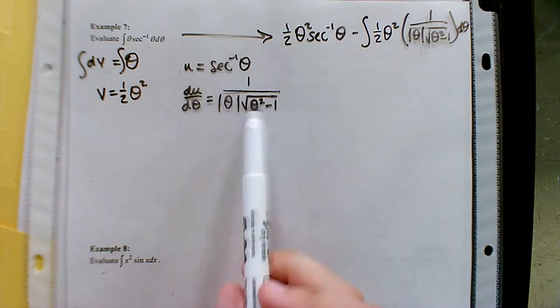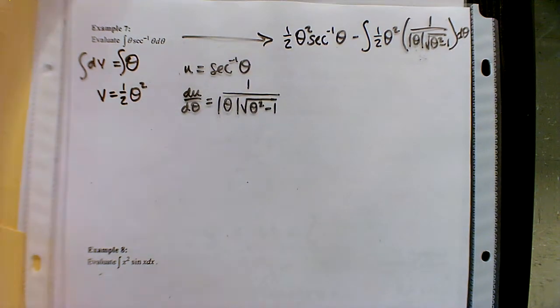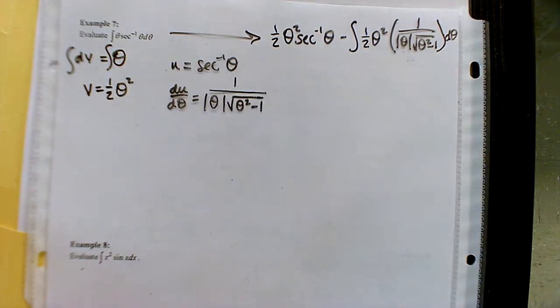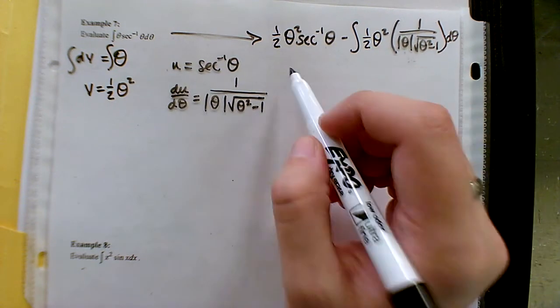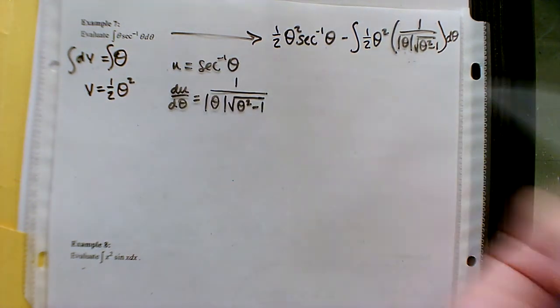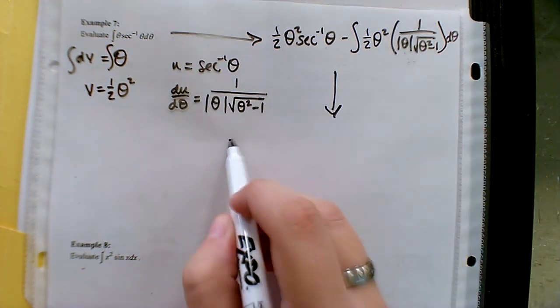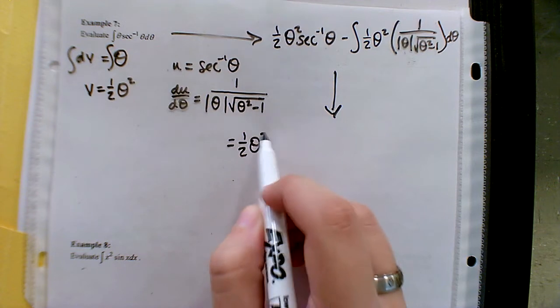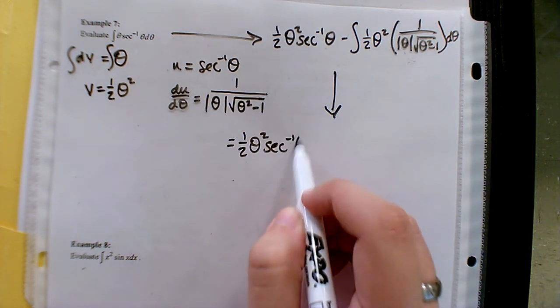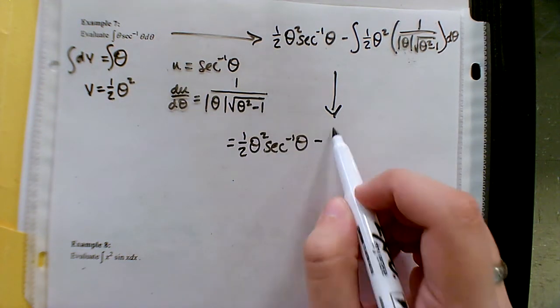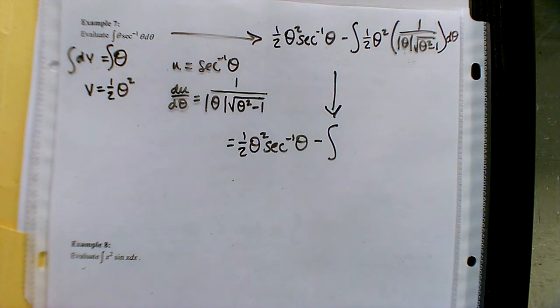Okay, multiplying over the d theta would give you the du. So I guess technically this new integral we have should be easier for us to work backwards from. Should be easier. Can we clean it up?